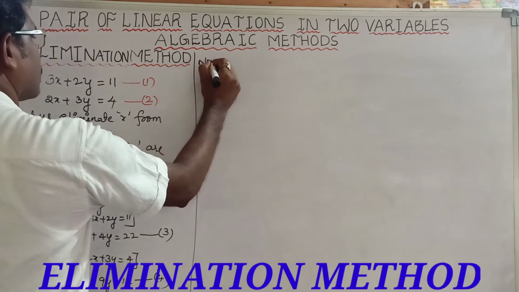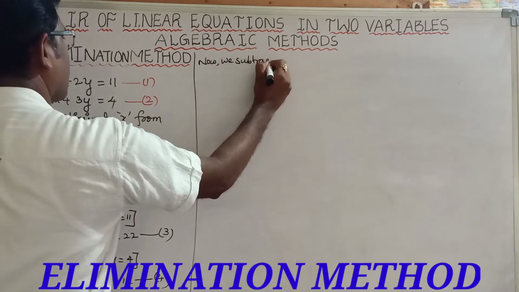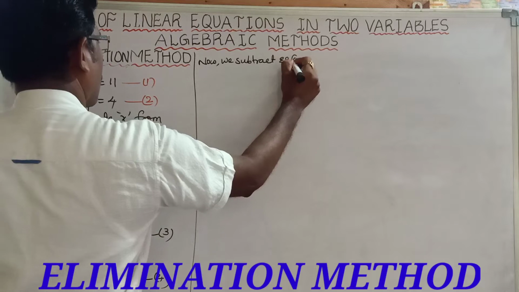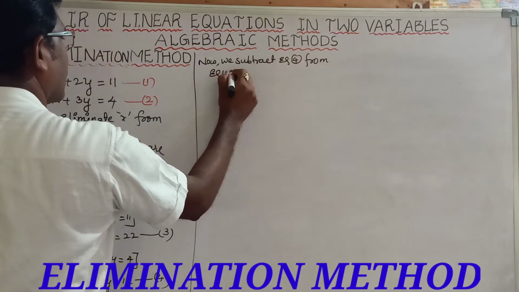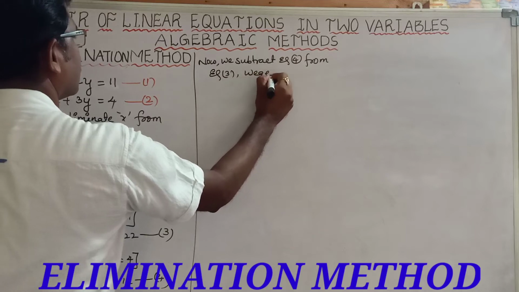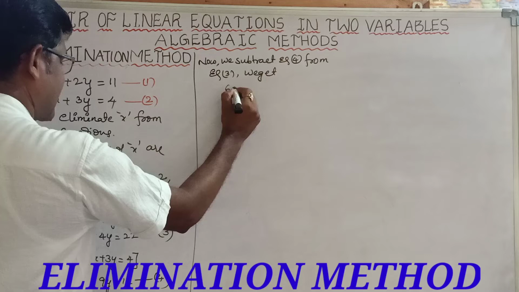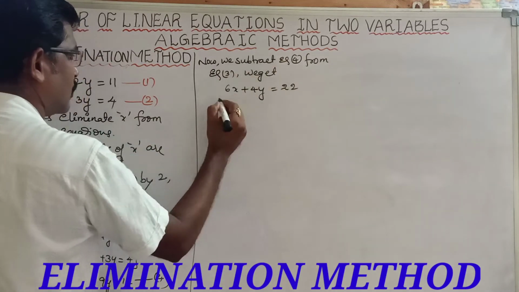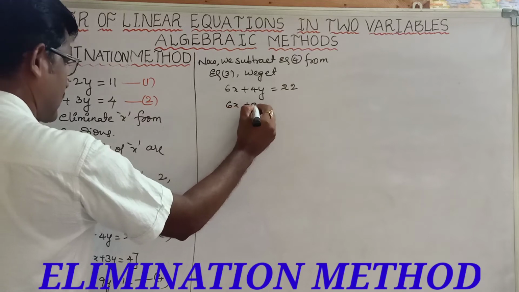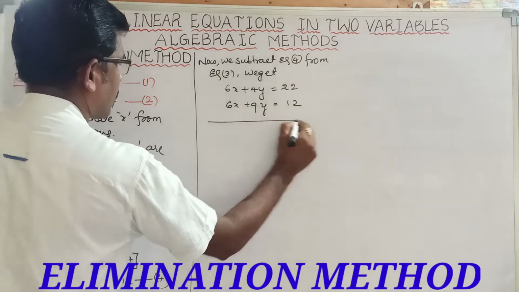Now we subtract equation 4 from equation 3. We get 6x plus 4y is equal to 22, and 6x plus 9y is equal to 12.